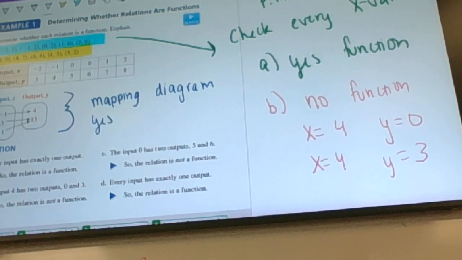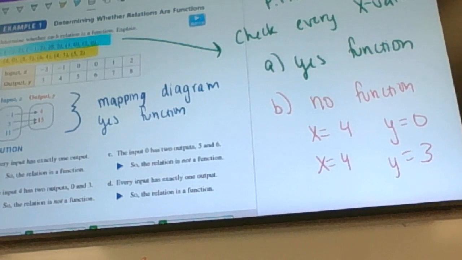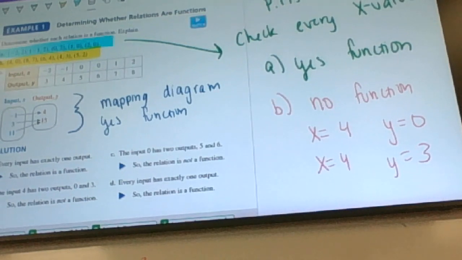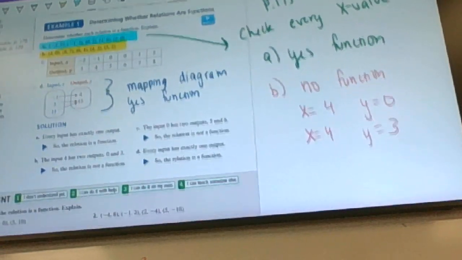So this is yes function, because each x just has one y it goes to. Even though the 15 repeats, that's okay, as long as the x's don't repeat. So what you're seeing in this example is a list of points, a table, and a mapping diagram. So they could present these in a variety of ways.